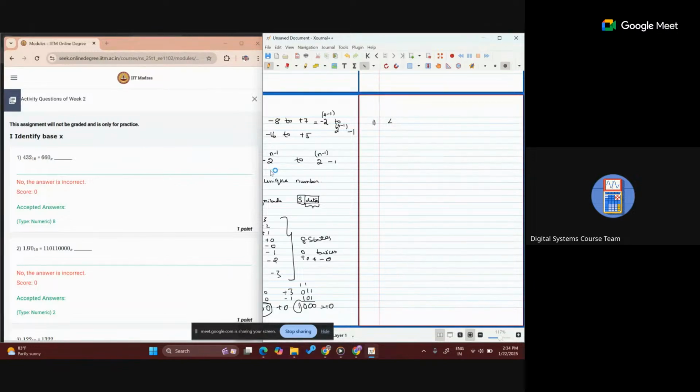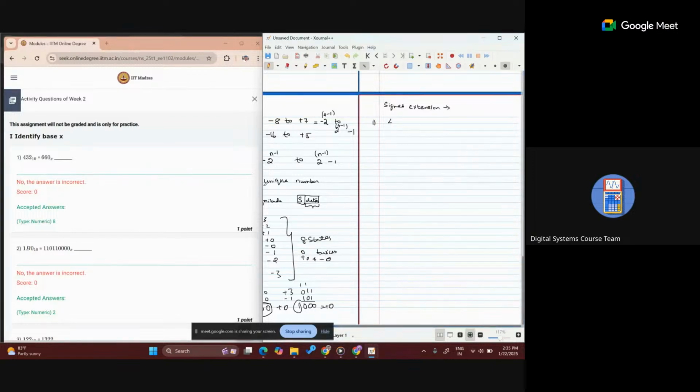Do I need to rewrite the entire number with calculation? No, we can simply pad with a proper value so that it becomes the same answer. You can study this in the following week; it is an initiation for you to think in that direction. Another advantage of 2's complement is sign extension, and that extension is very easy.